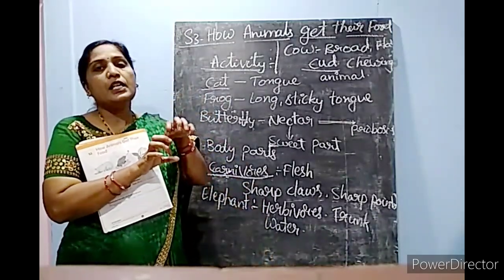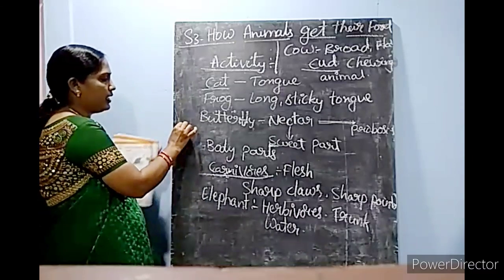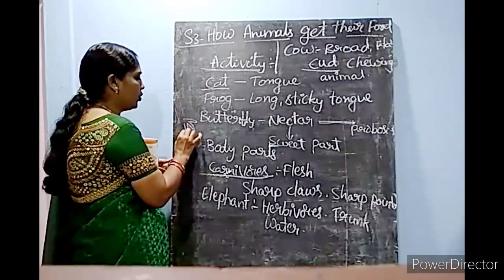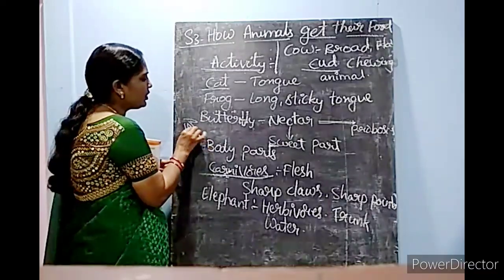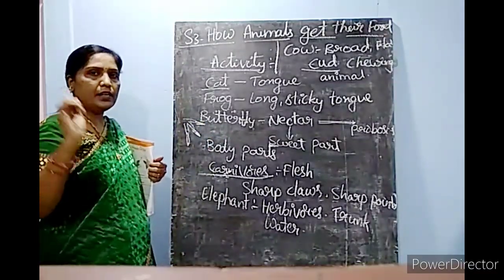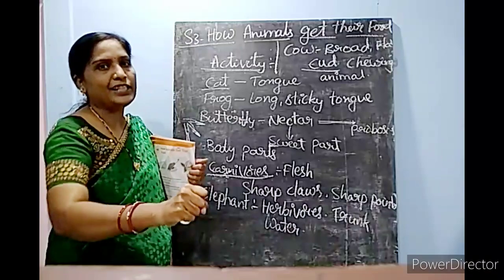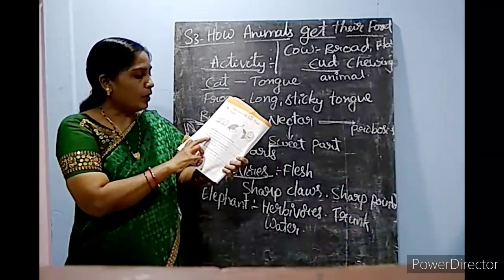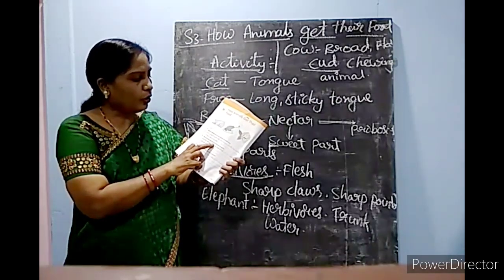With the help of these sharp claws, they can go for hunting and they can catch the animal. Okay. Then what is he asking? Why do lions have sharp claws?